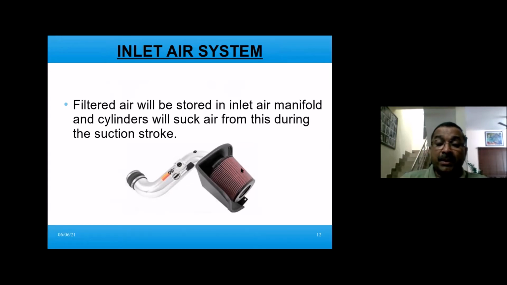In your car, you will be seeing such a small filter. So air will be coming to the engine through this filter. So we will get filtered air to the engine for the suction stroke.